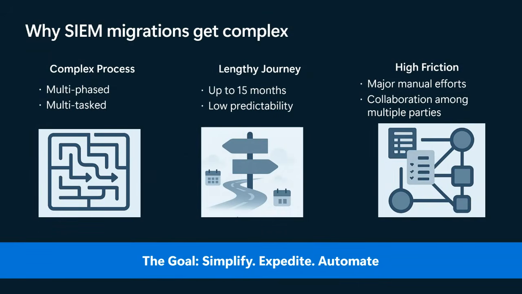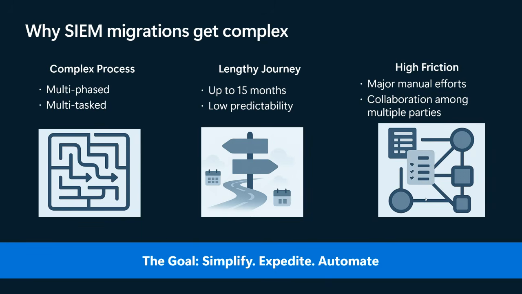Let's start with the SIEM migration challenges. Why are SIEM migrations very complex? Migrating from one SIEM to another is a complex project that involves multiple phases. The SIEM migration project progresses through several phases, and each phase takes several weeks to complete. This could lead to delays, and any delays in each of the phases would lead to prolonging the SIEM migration project.